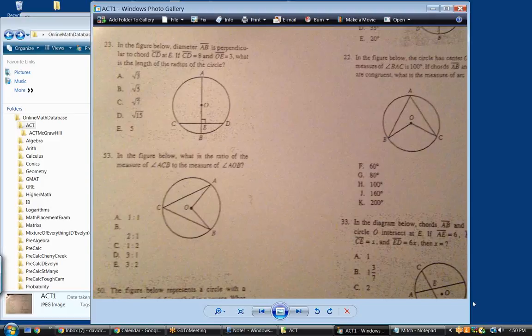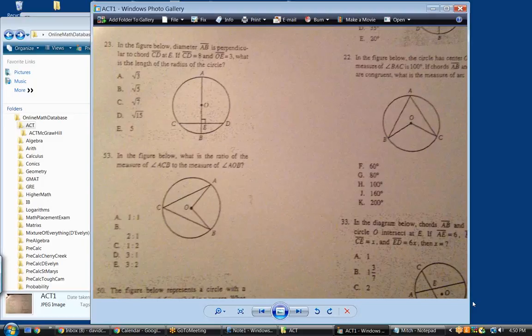And the reason she did it is because I would say most of the kids taking the ACT are going to have more problems with geometry than algebra, if for no other reason than you're 2 years removed from geometry and you're only 1 year removed from algebra. So it's definitely worthwhile focusing on some geometry problems.